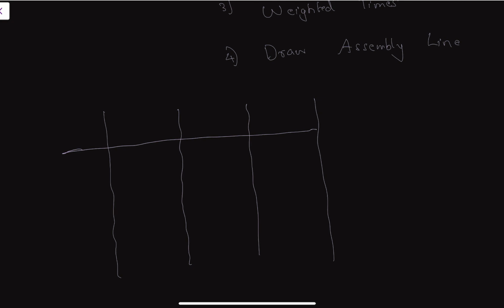In column 1 you have workstation, in column 2 you have eligible jobs, in column 3 you have assigned jobs, and in column 4 you have remaining time.